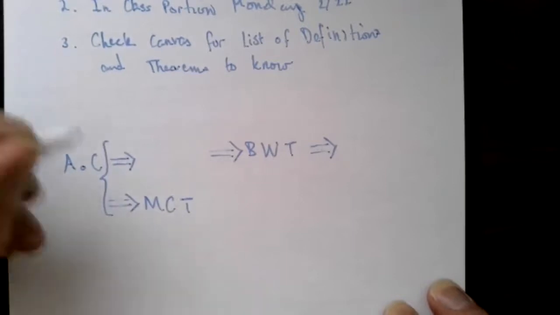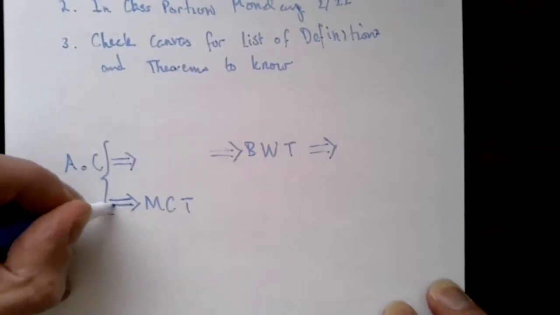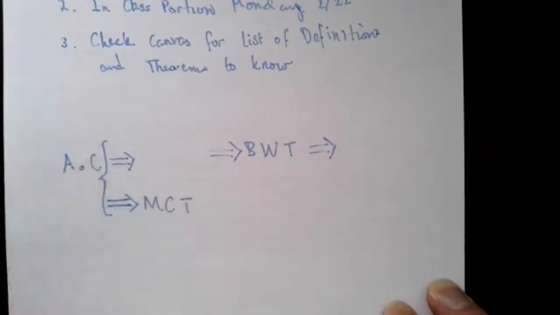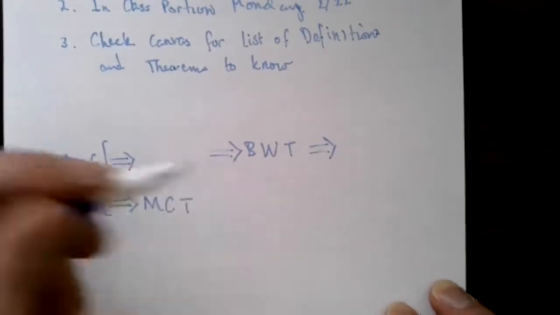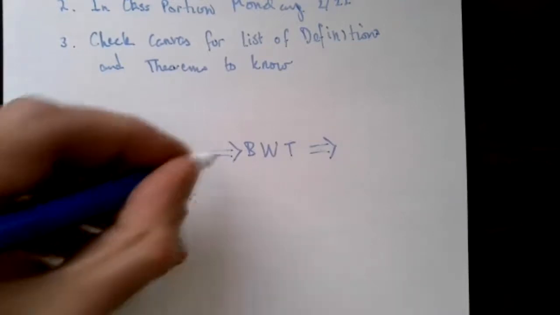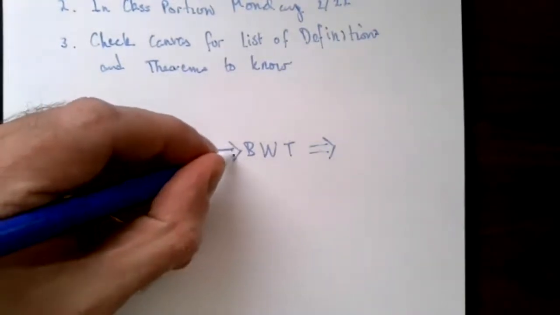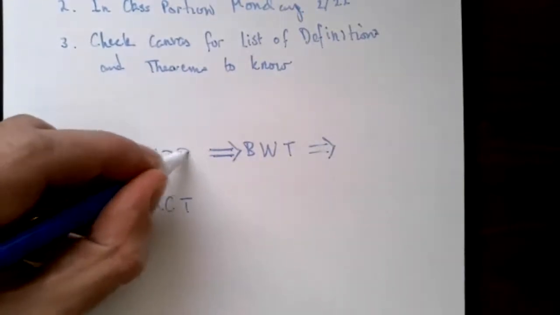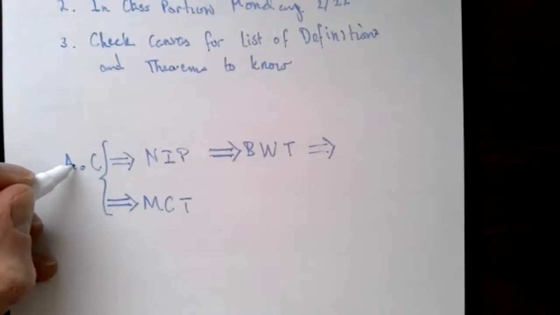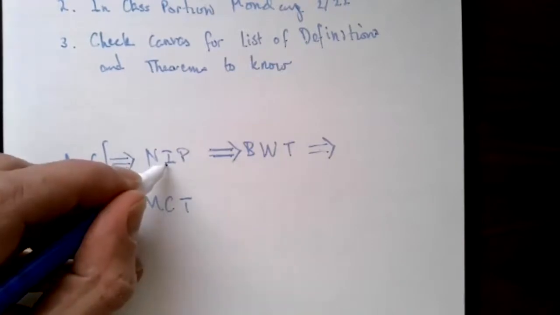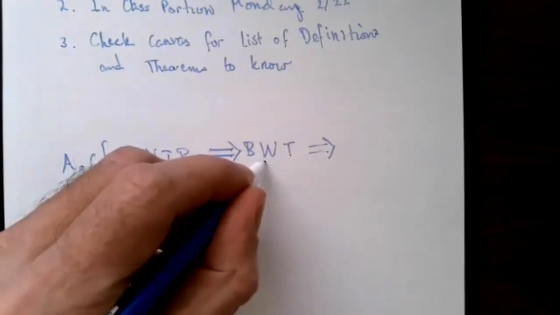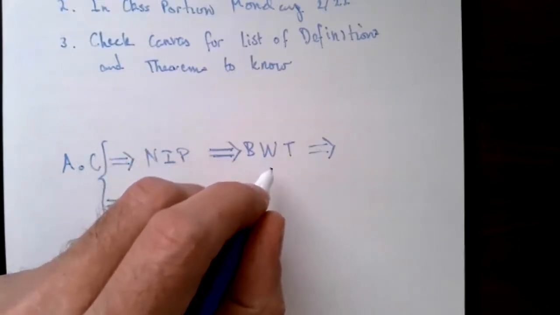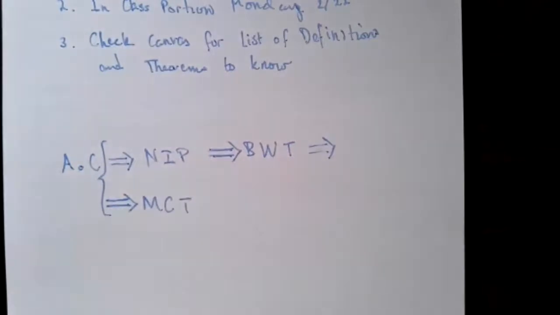You need the axiom of completeness to establish the monotone convergence theorem, but we didn't use monotone convergence to get to Bolzano-Weierstrass. It was the nested interval property. So the axiom of completeness gives us the nested interval property, which gives us the Bolzano-Weierstrass theorem. And then we used the Bolzano-Weierstrass theorem last class to prove something else.